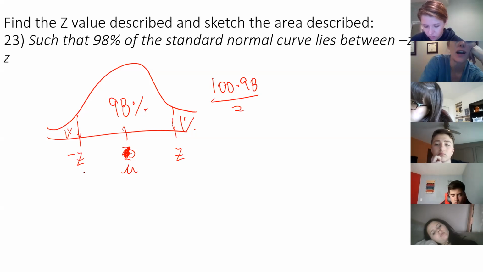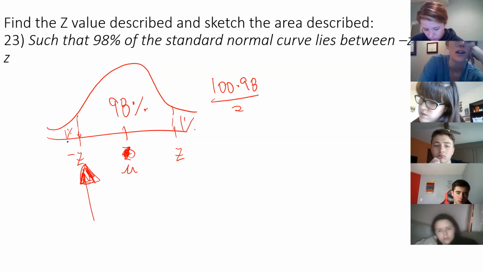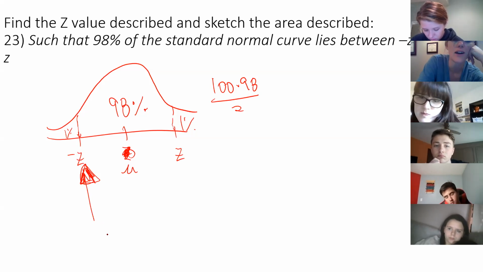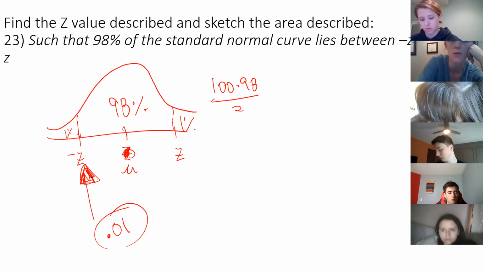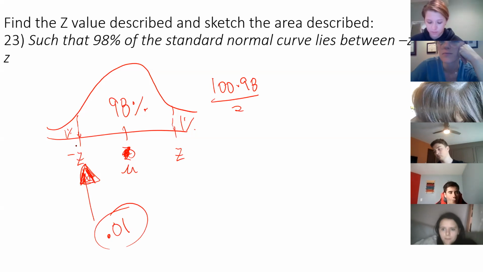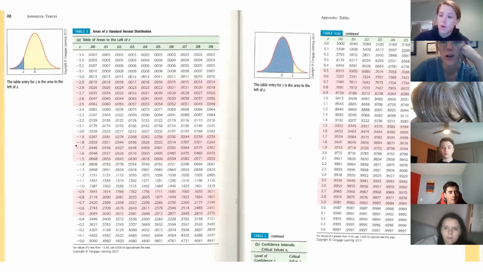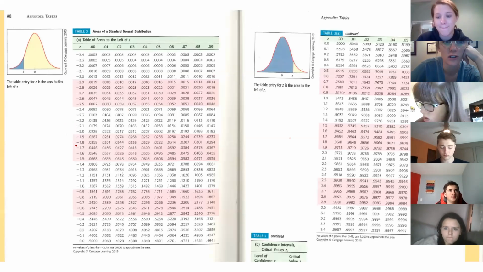Yeah, I would do that. Let's find the negative z in the chart because that's kind of the simplest. If we know that 1% is to the left, let's look for 0.01 in the chart because that is the simplest way to just go straight to something to the left. Here's your chart.